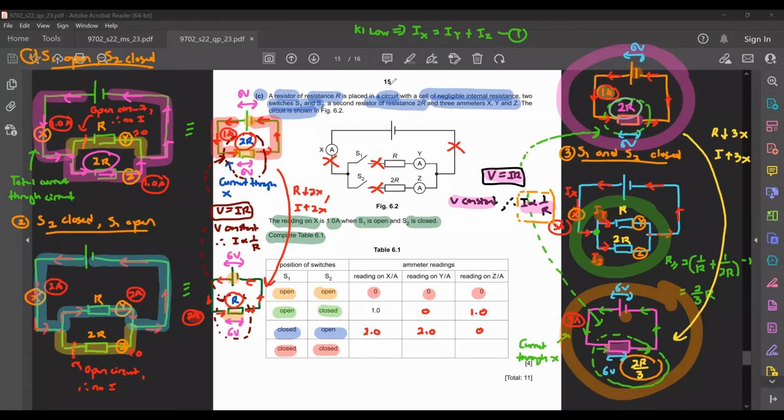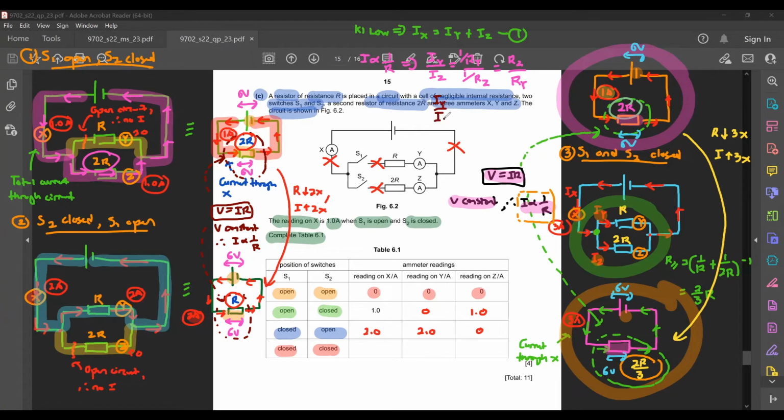Just let me rewrite this properly. If I is inversely proportional to R, this will tell me that the ratio of current IY to IZ is actually 1 over RY over 1 over RZ, which in turn becomes RZ over RY. So from here, what is the ratio of the currents then?